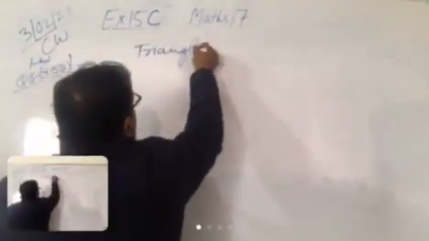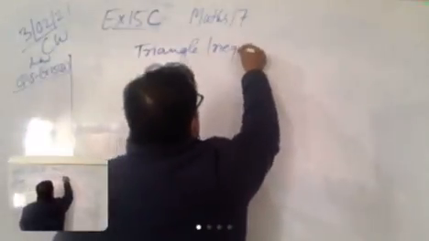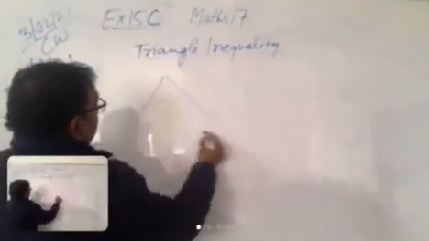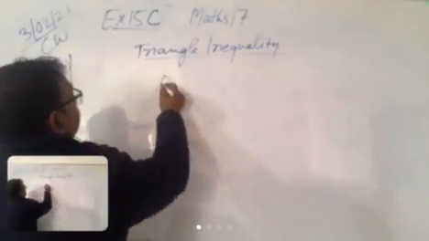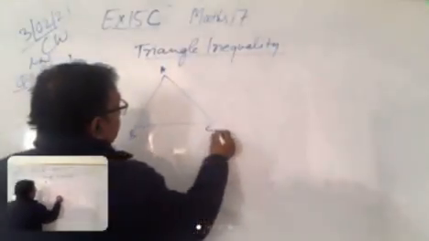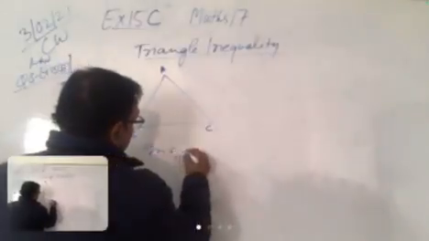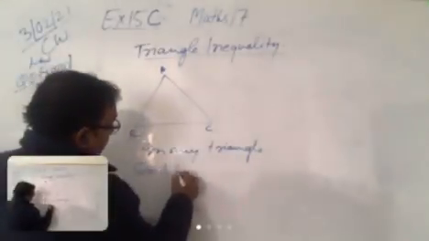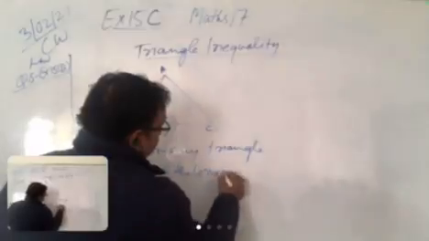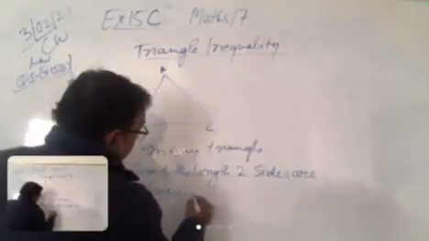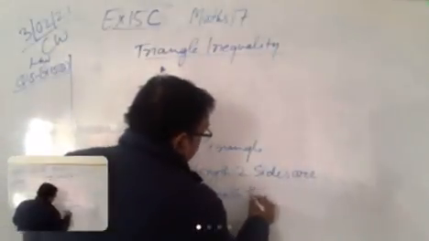Triangle inequality. Triangle inequality means in any triangle, suppose it is a triangle ABC, in any triangle, the sum of the length of two sides is always greater than the third side.